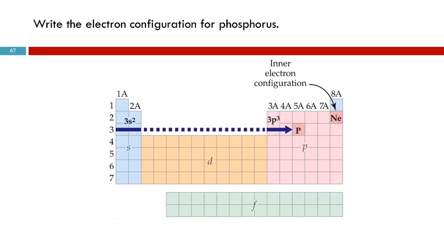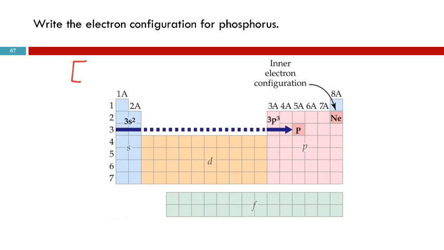So here's just another illustration of how we find an electron configuration from the periodic table. I probably should have put this one way back at the beginning. So for phosphorus, doing the noble gas, find the noble gas that comes before phosphorus. It's at the end of the previous row, so there's neon.